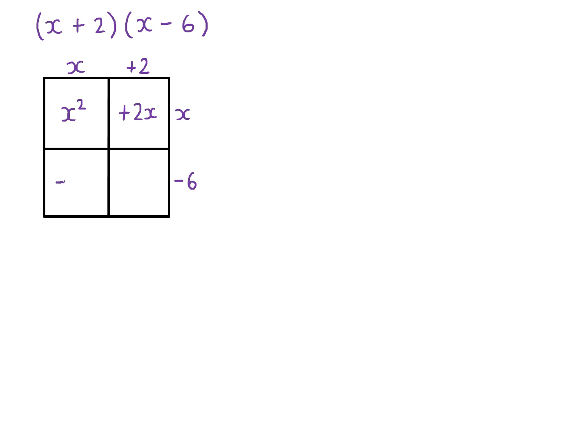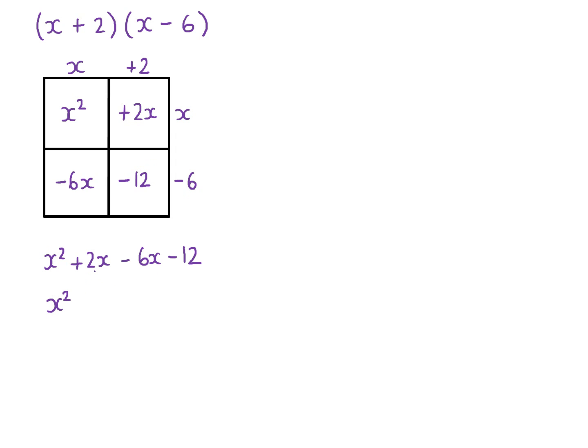Now we've got to start being careful. Minus 6 lots of x is minus 6x, plus 2 times minus 6 is going to be minus 12. So we're left with x squared plus 2x minus 6x minus 12, and we can combine our x terms.